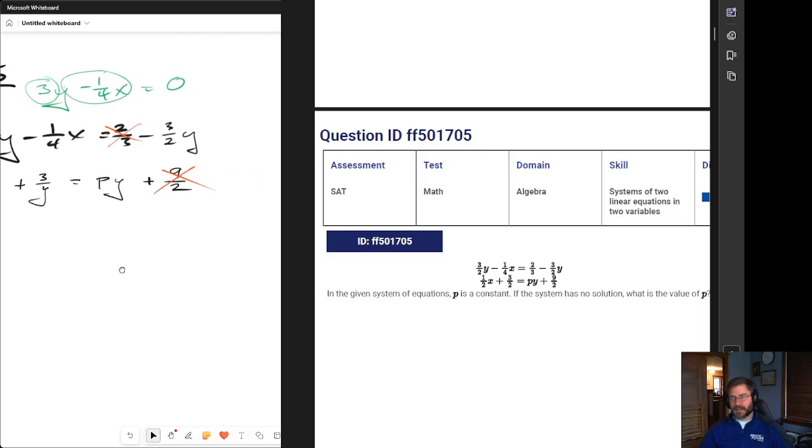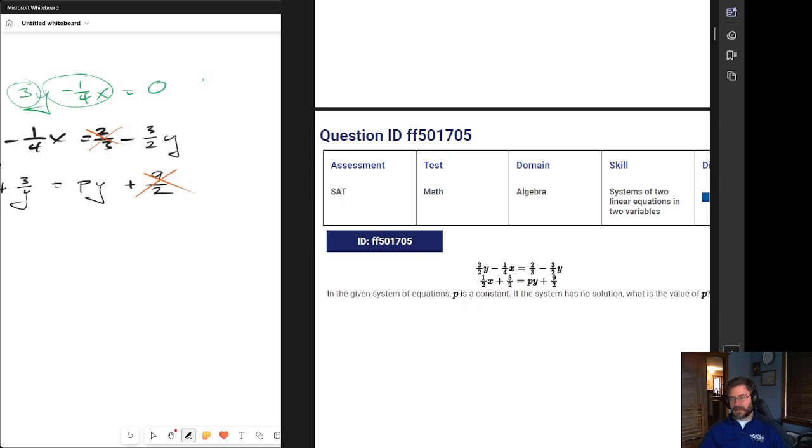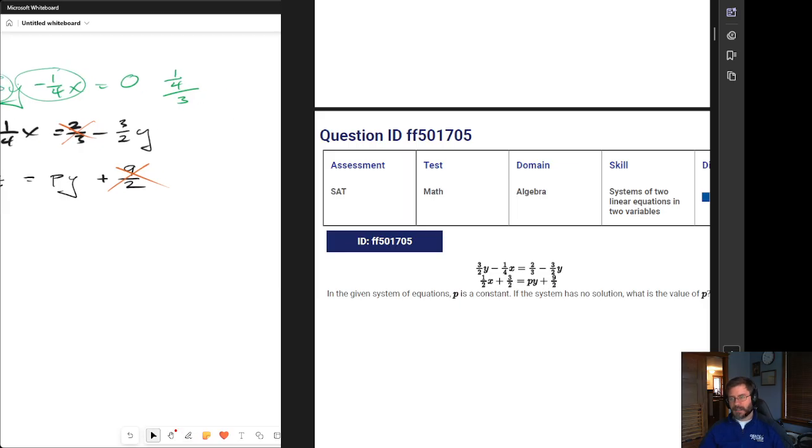Negative a over b in this case is going to give us 1/4 divided by 3. You have to be pretty good with fractions here. Dividing a fraction by a number, you just multiply the denominators and you get 1/12. So that's our slope. We're going to hold on to that number.